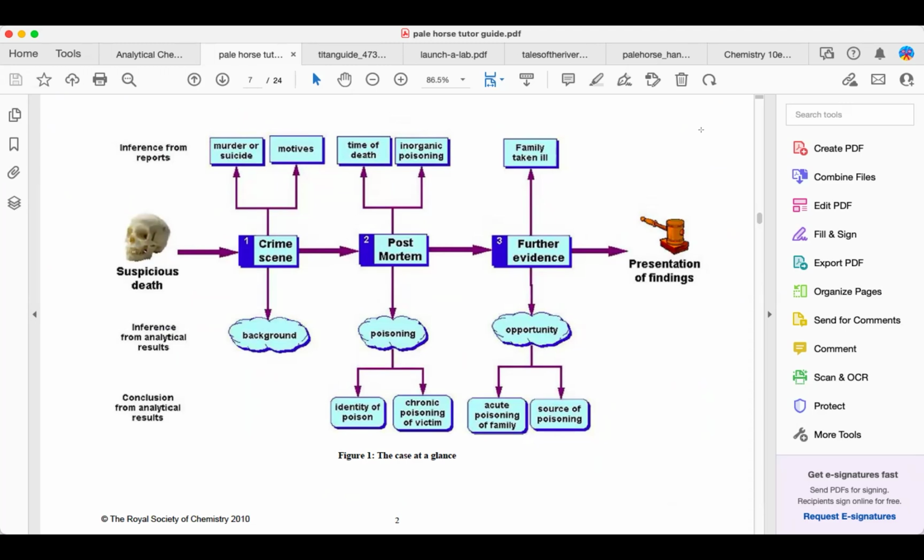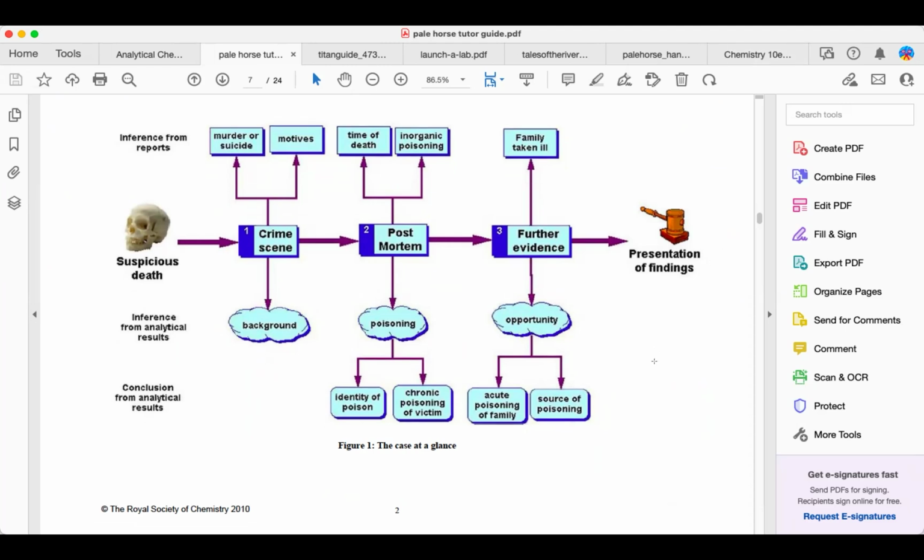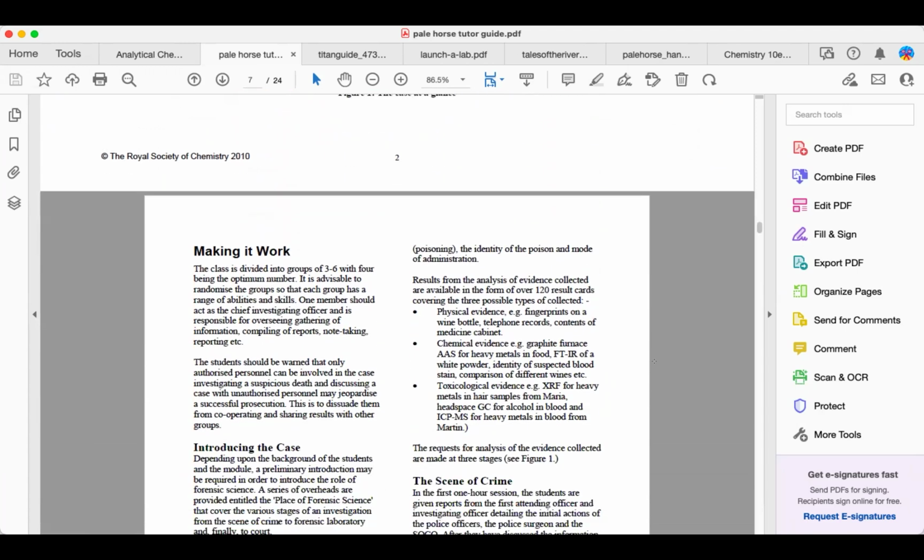Then you need to think about the motive in order to analyze the data and the possibility of poison. I have told you it's a poison, but by right it should be based on the crime scene, motive, time of death, and then a series of data. Then we look at the results, and any further evidence that you require, and finally the presentation of the findings. This is how it should be.